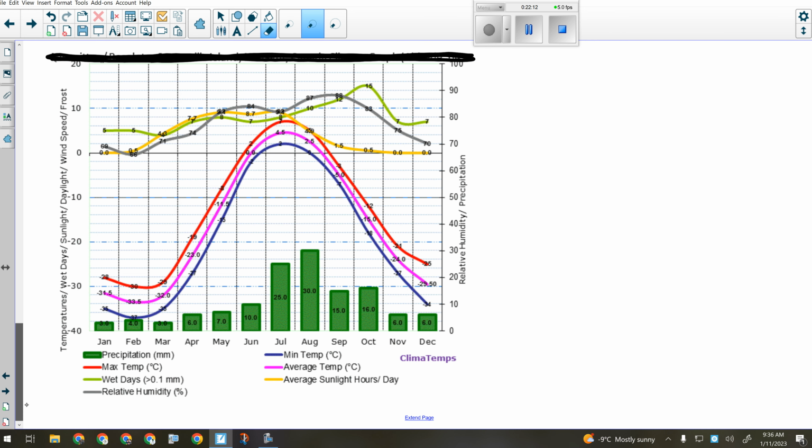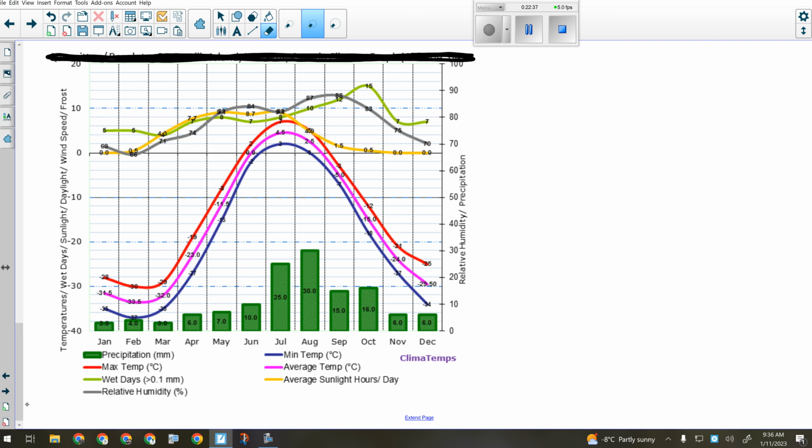All right, and last one. That place is really cold, down minus 34, 35. Warmest months are like 4 degrees Celsius, and it's dry. We're talking about precipitation being less than 30 millimeters a month.